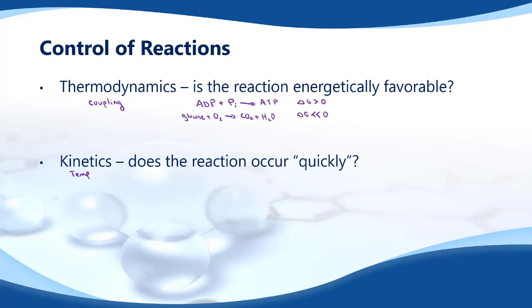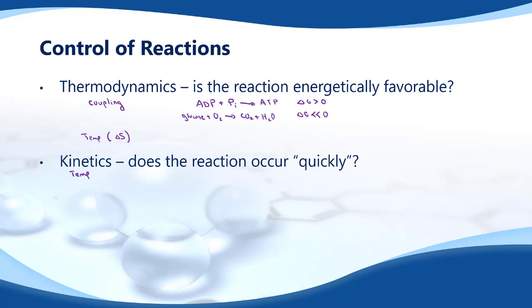Now, temperature also does play a little bit of a role in thermodynamics when we're talking about the role of entropy, right? So, for certain combinations of reactions, if we change the temperature, the entropy term can change by enough to overcome enthalpy and change the delta G from positive to negative or negative to positive as we choose.